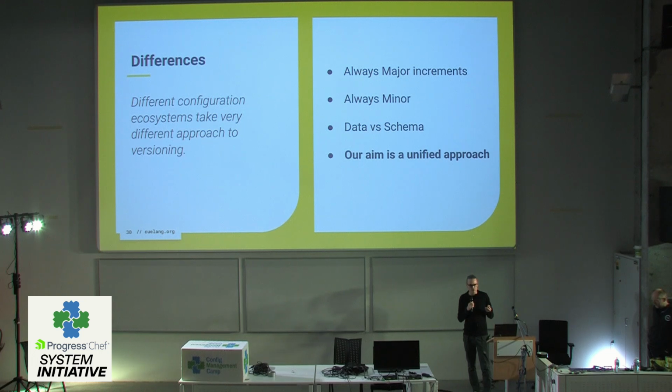Then to note, there are some big differences between versioning in configuration and software. What you see is that in configuration, because there are so many big changes that you would argue are backwards incompatible, in some applications people always increment the major version or the equivalent of it.